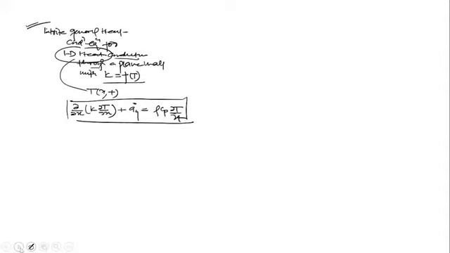Okay. How will you write for the second case? Second, for one dimensional steady state heat conduction equation without heat source. Without heat source, how will you write the equation? Tell me.